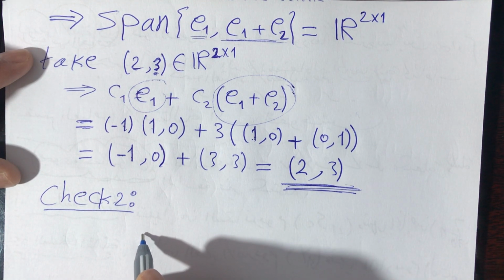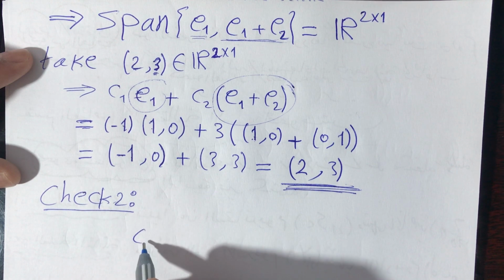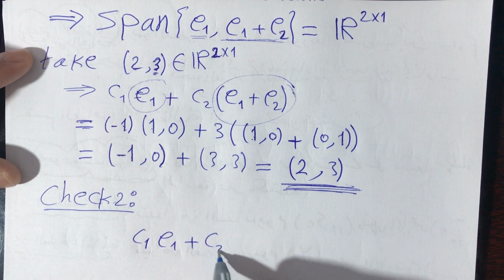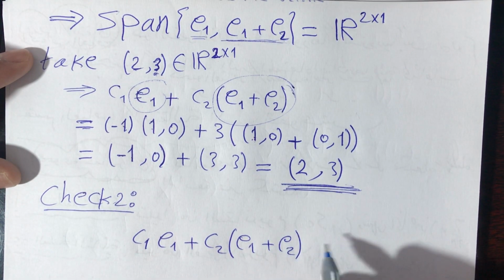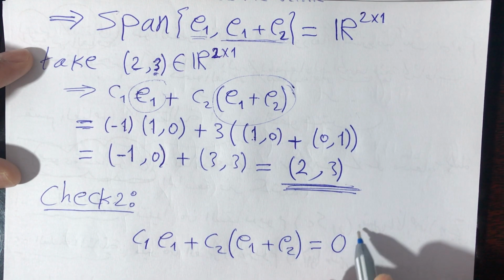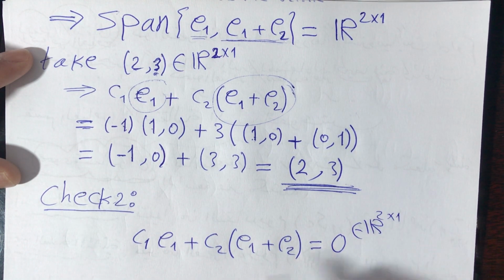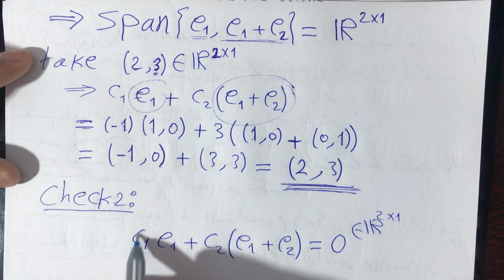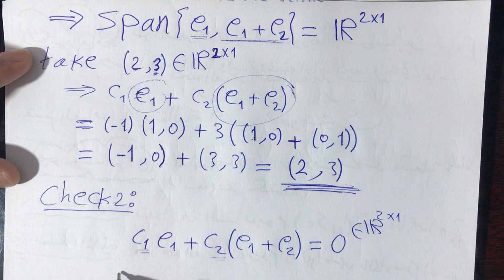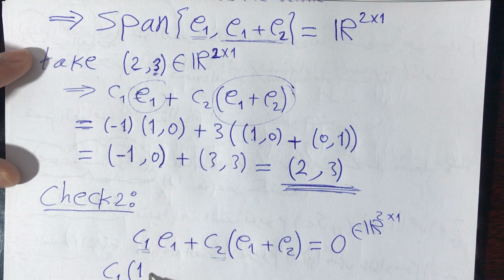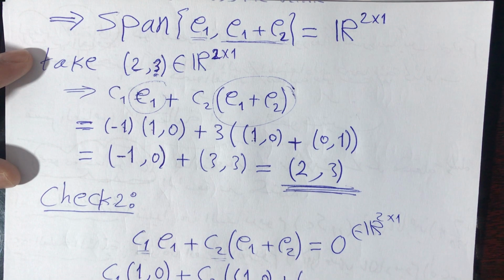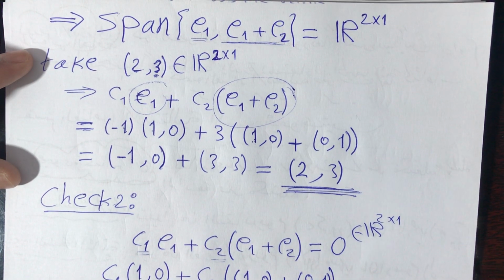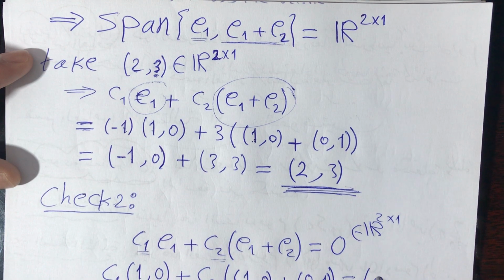I take a linear combination and make it equal to 0: C1 E1 plus C2 E2 equals 0, where 0 belongs to R2 times 1, and I try to find C1 and C2. Here E1 is (1, 0) plus C2 times (0, 1), and this is equal to (0, 0).